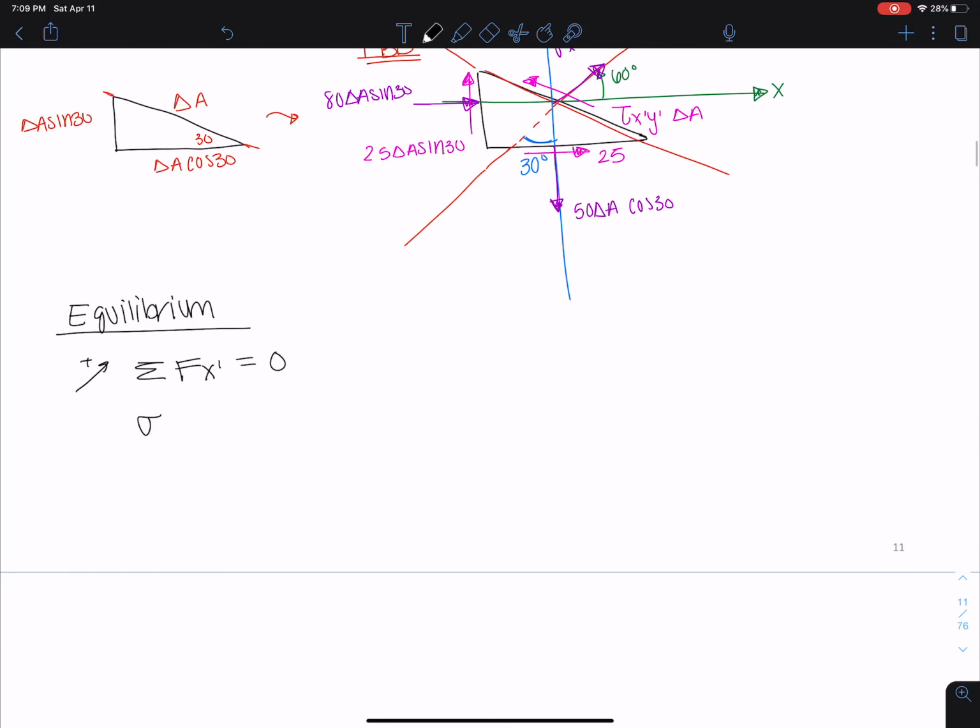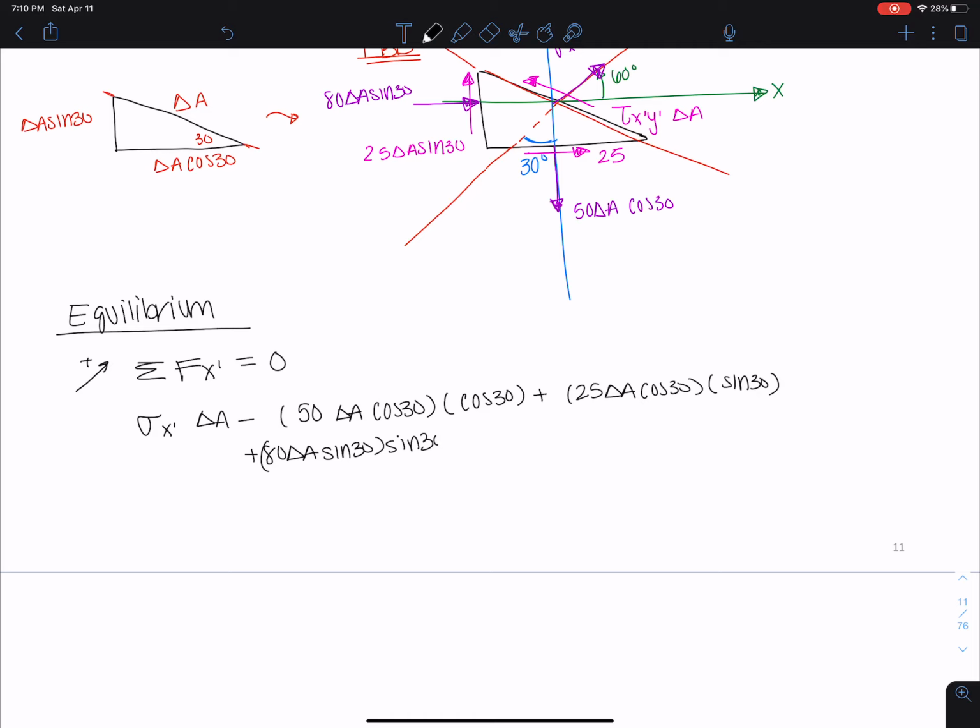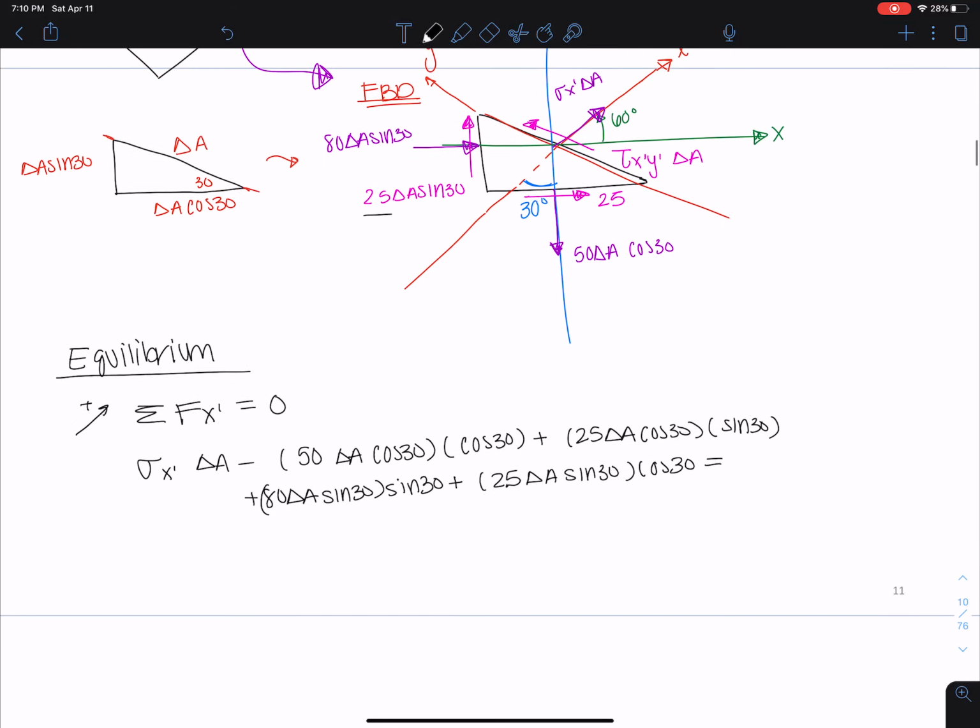So we have sigma x prime delta A minus 50 delta A cosine 30, but we need that to be in the x prime direction, so we multiply it by another cosine 30, that's a component, plus 25 delta A cos 30, again putting that into the x prime direction, and then plus 80 delta A sine 30 times sine 30, plus this 25 delta A sine 30 cosine 30, which was this one, now needs to go into just a component of that in the x prime direction.